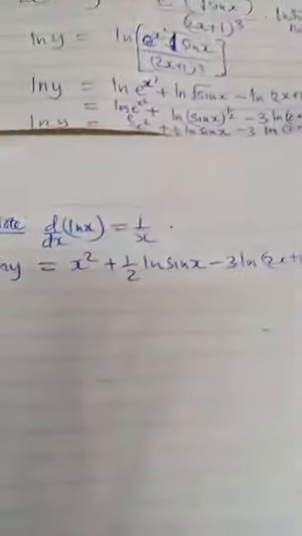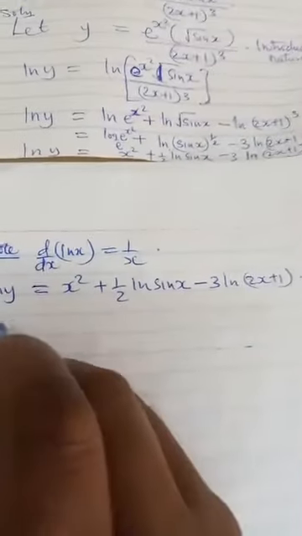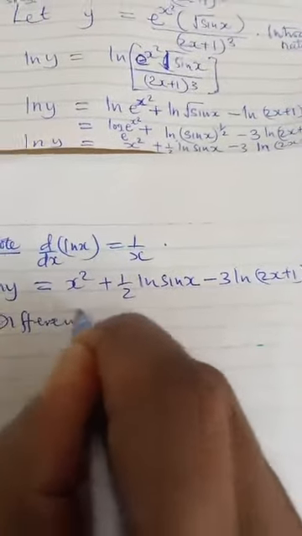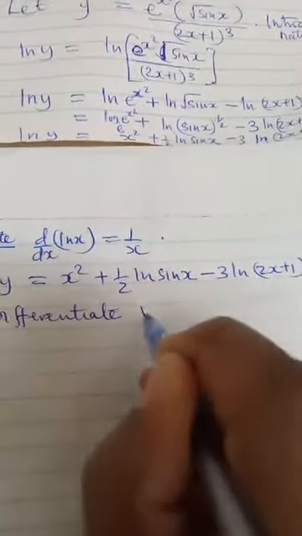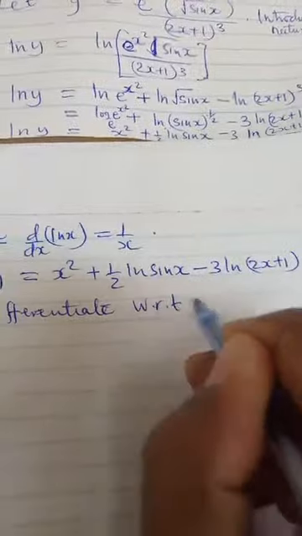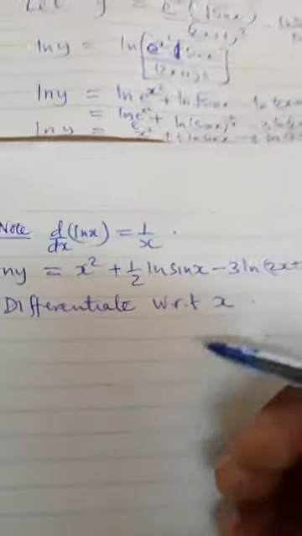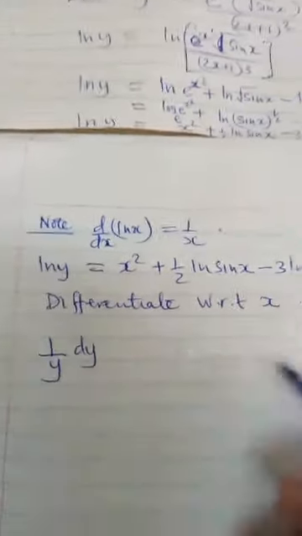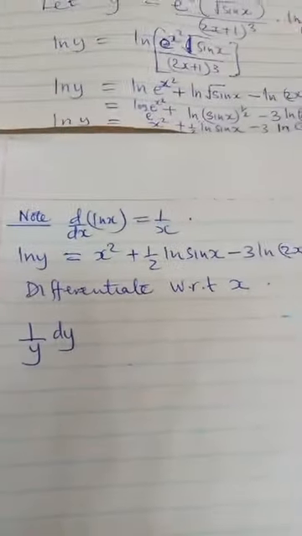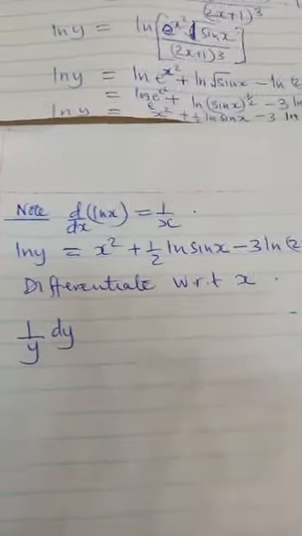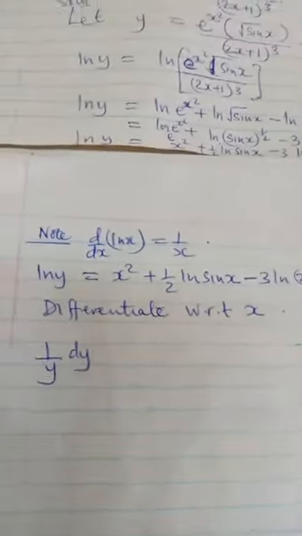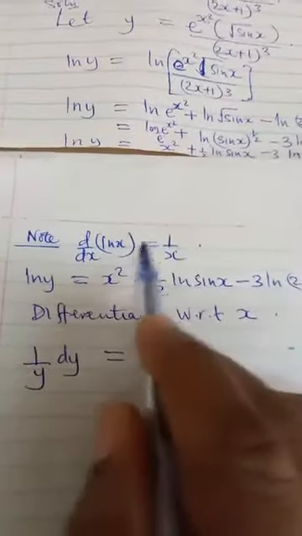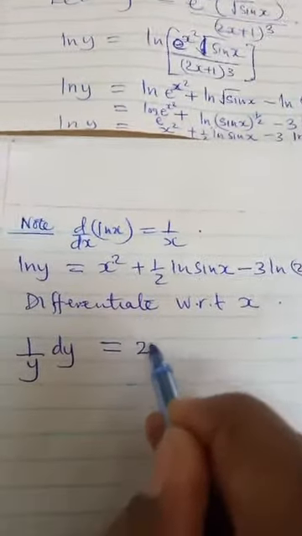And our task is to get the derivative. We want to differentiate with respect to x. What happens? Here I'll get 1 over y dy, because we already know that the derivative of ln of y is 1 over y. So 1 over y dy should be equal to, when we differentiate this, we shall get 2x.